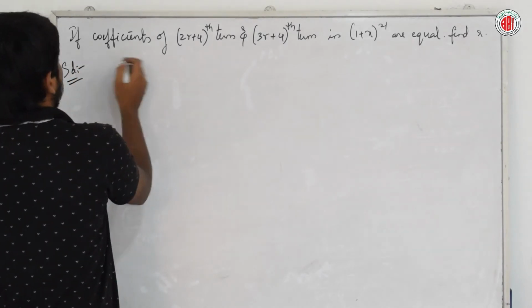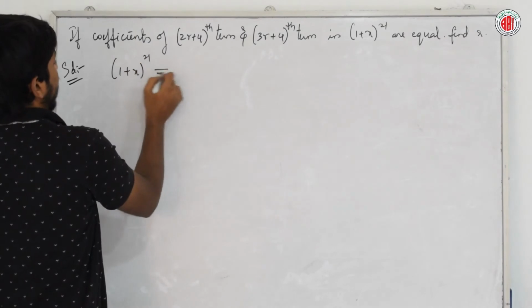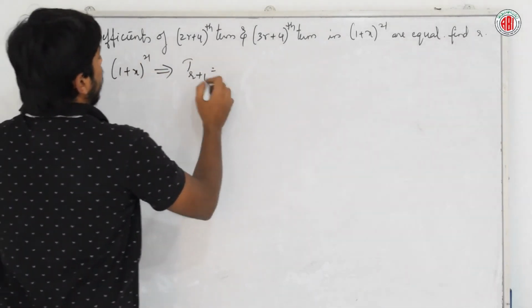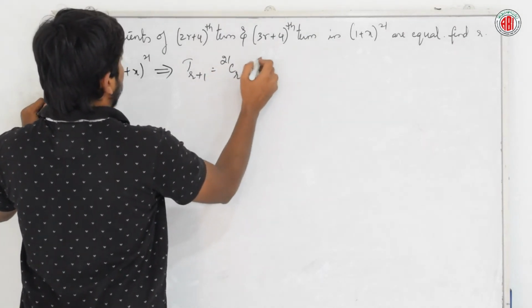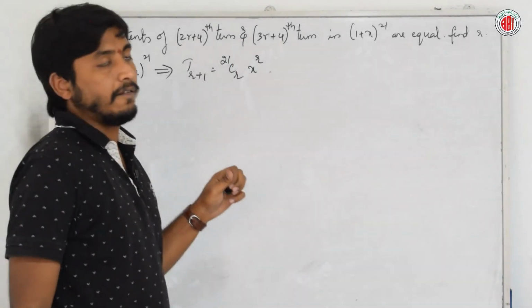What is the general term for that expression? The general term of 1 plus x whole power 21 is nCr x power r, isn't it? Fine.